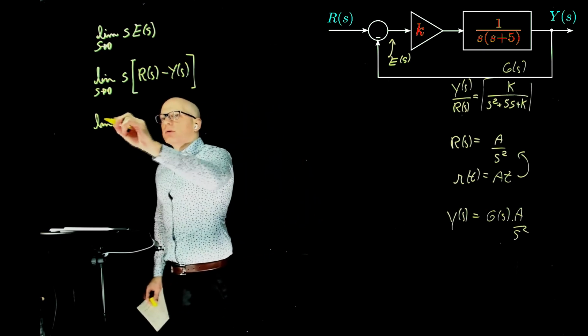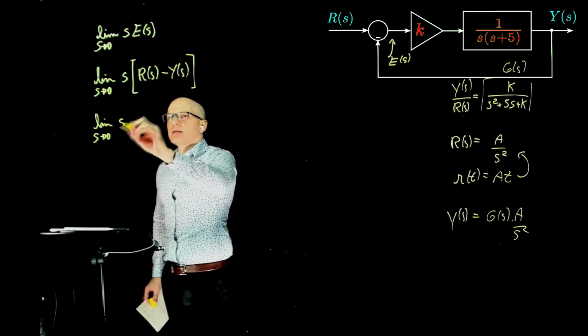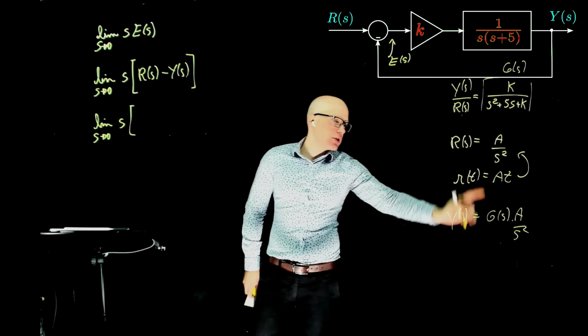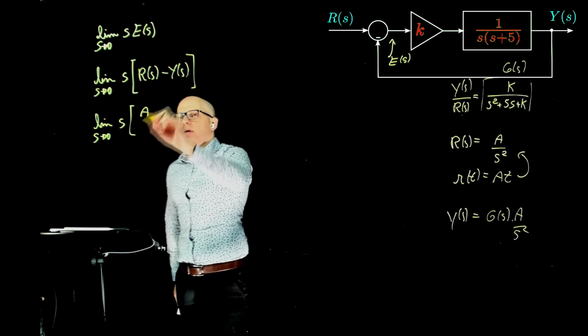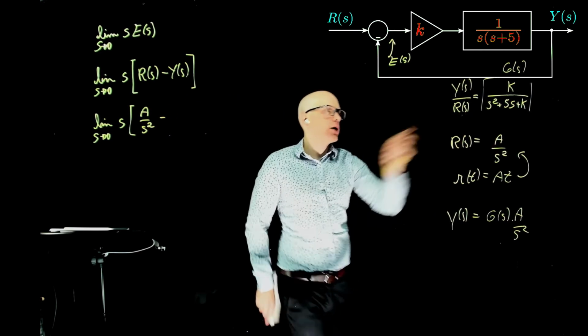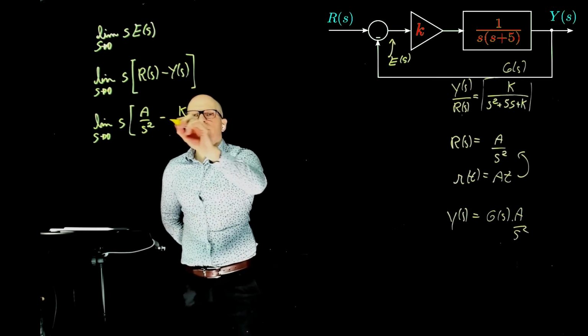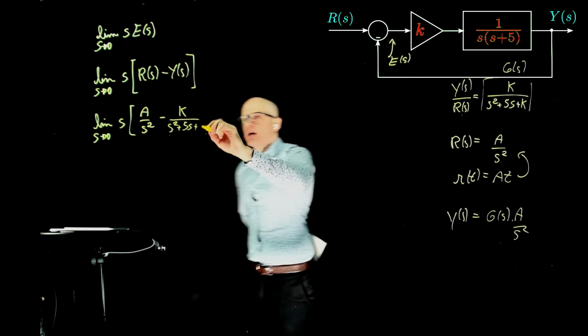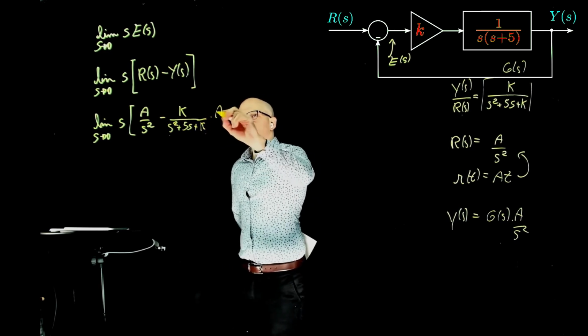The limit when s tends to 0 of s, remember that this s comes from the theorem. R of s is, as we defined here, a over s squared minus y of s, which is k over s squared plus 5s plus k times a over s squared.